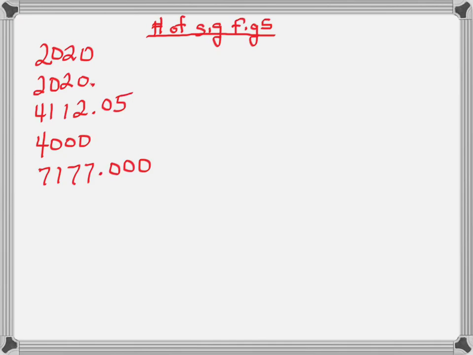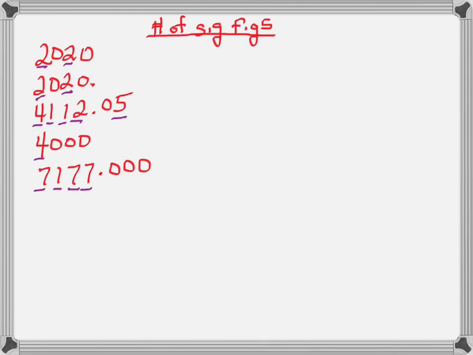So each of these are greater than 1, so all the rules from the previous discussion apply. One of the first rules was all non-zero digits are significant. And so I'll underline all the significant digits based on that rule.